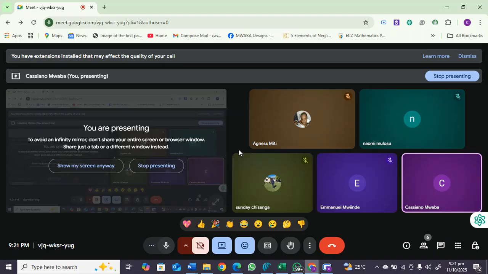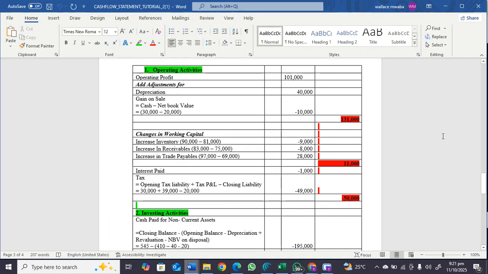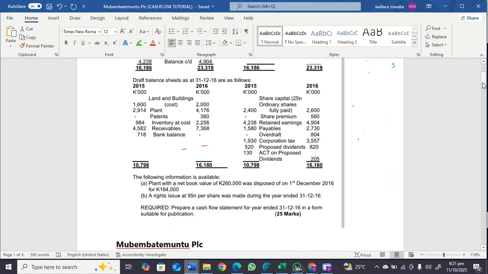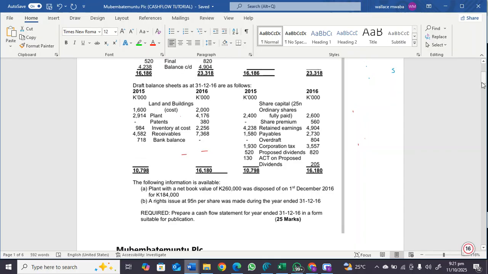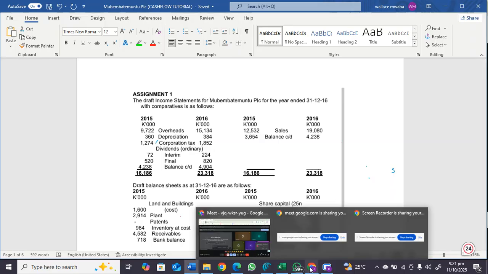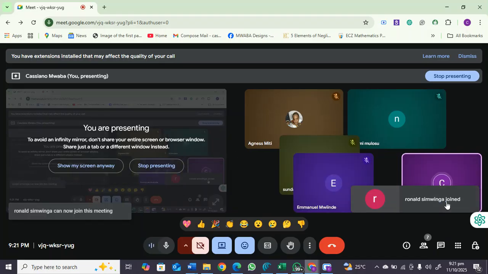The first thing that we need to do when we're using the indirect method is to calculate our operating profit, which is also called the profit before interest and taxes. In questions, they're not going to explicitly give you the operating profit.